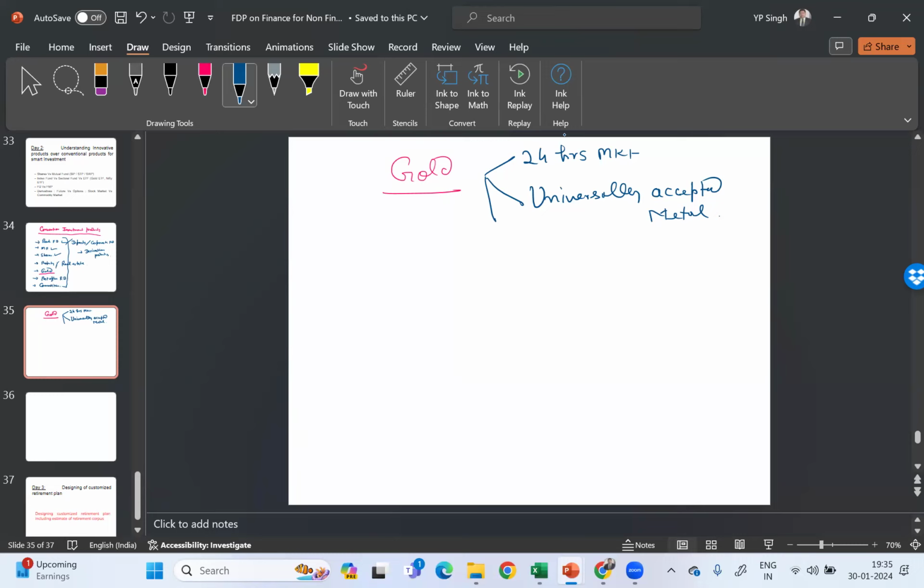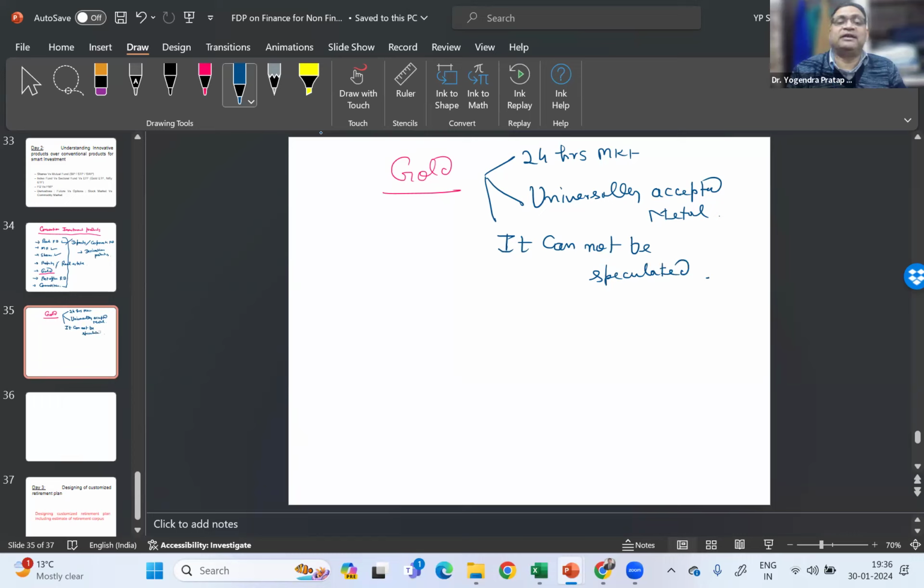And third, it cannot be speculated. Please remember, it cannot be speculated. You can speculate anything in the world except gold.